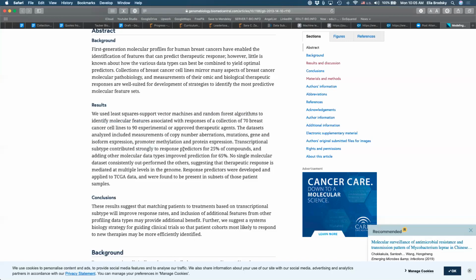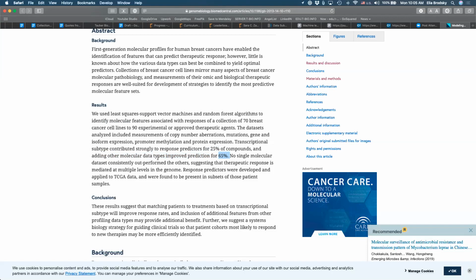Contributed strongly to response predictors for 25% of compounds. But adding other molecular data types improved prediction for 65%. So in other words, some compounds really work at the level of gene expression. And the gene expression patterns could be very predictive for about a fourth of these compounds. But for the other three-quarters, you have other molecular data types that are strong predictors, right?